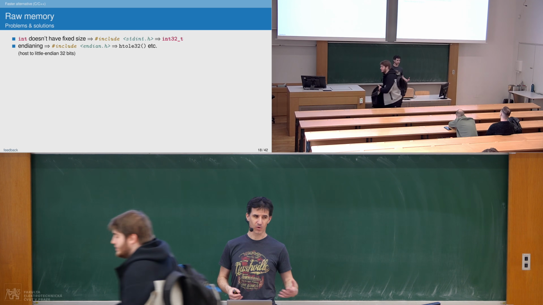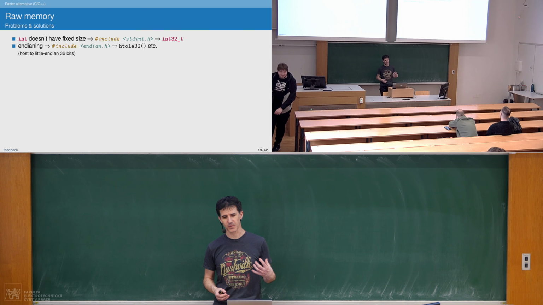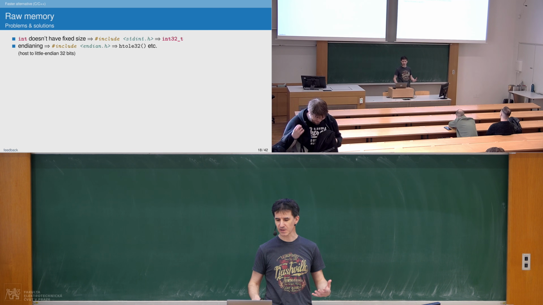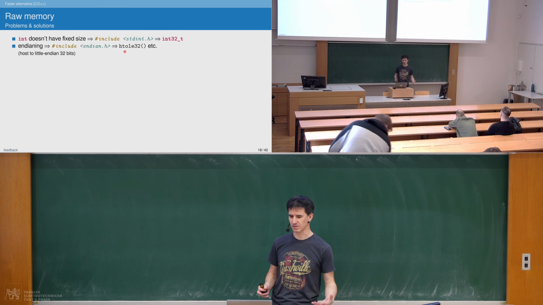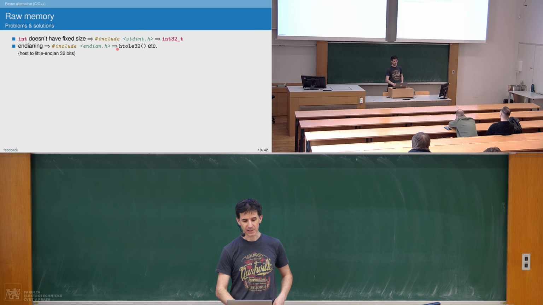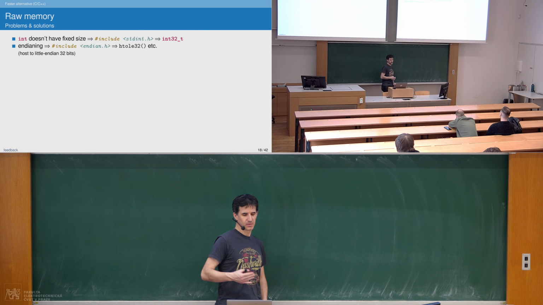So before sending the data to the network, you convert it to little endian, and the other side does the same, little endian to host, and they will understand each other.